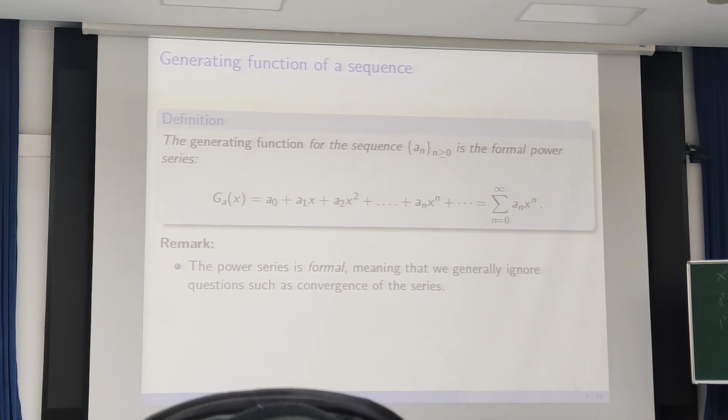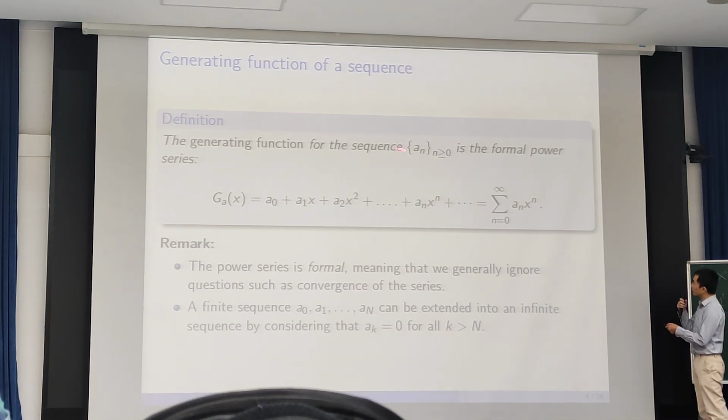Okay. So those are the remarks, and of course, in this definition, we talk about general sequences where the number of terms is infinite, okay? But you can also apply this definition to finite sequences, because for a finite sequence you can consider that all the further terms are zeros, okay?